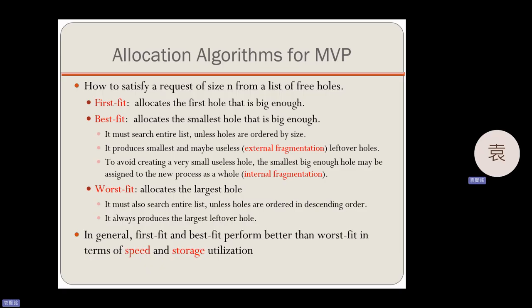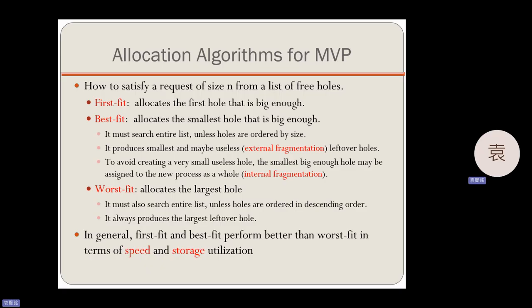But again, we still generate some fragmentation, and this is internal fragmentation, because now the assignment is bigger than the actual requirement. So there is still a small portion of memory that becomes useless.